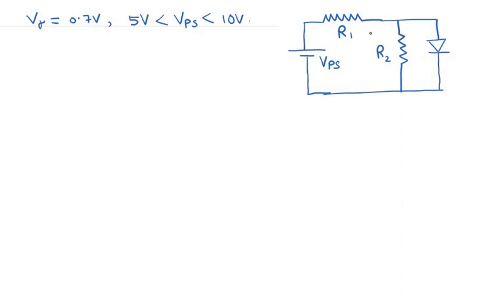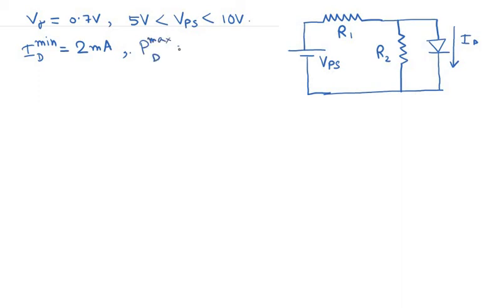Okay, now a minimum current through the diode is required to keep it in a conducting state. Okay, and that minimum diode current is given by ID min equals 2 milliamperes. So this minimum diode current is always required to flow through the diode to keep it in a forward conducting state. Okay, and the maximum power dissipation that this diode can handle is basically 10 milliwatts.